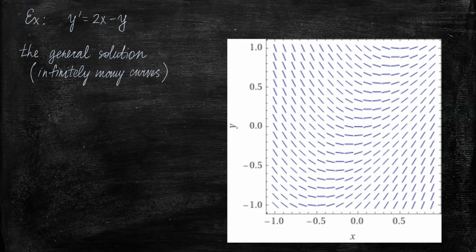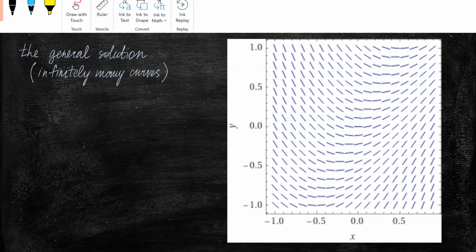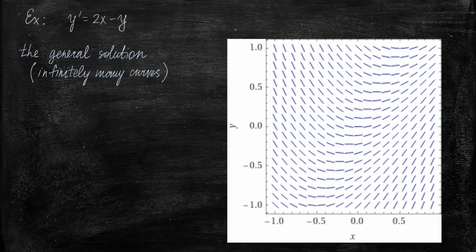And whenever we see the word infinite, we know we're going to have a problem. So it's not going to be easy to visualize all the curves. However, you're going to have to somehow deal with the fact that they do exist, and these little tick marks show the slopes of the tangent lines to those curves at each of those points.